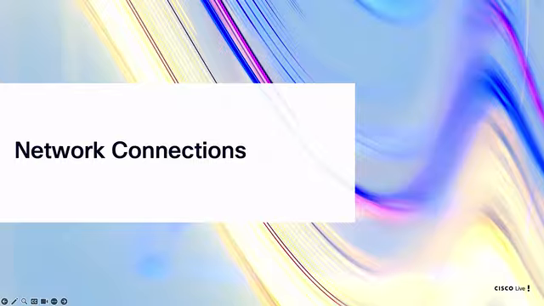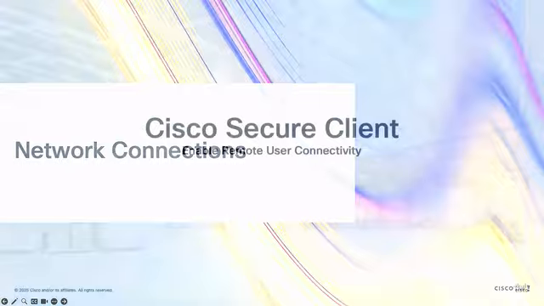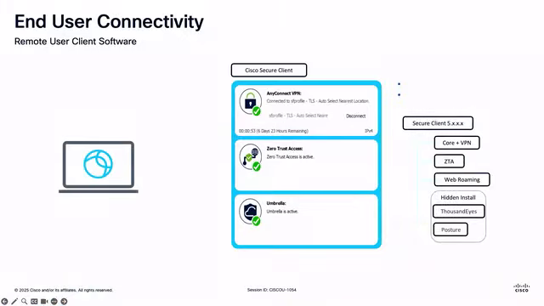So let me move into network connections. Again, I want to point out that to support these use cases that we just went through, you will use the Cisco Secure Client on the end device, and that software supports a number of different modules that we just talked about. The ones you see up here are common ones.